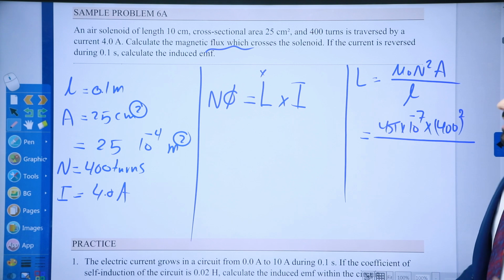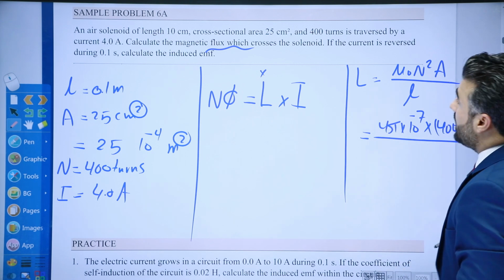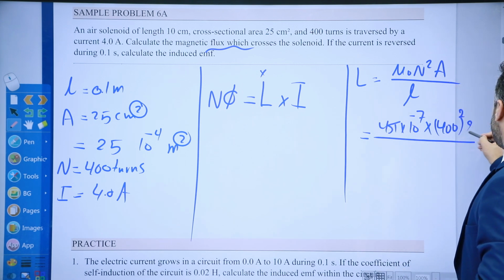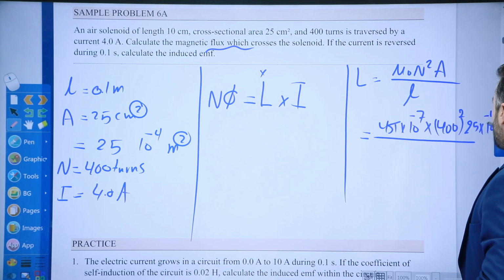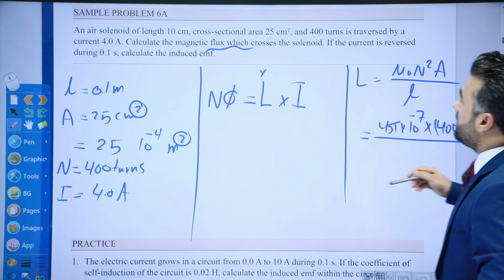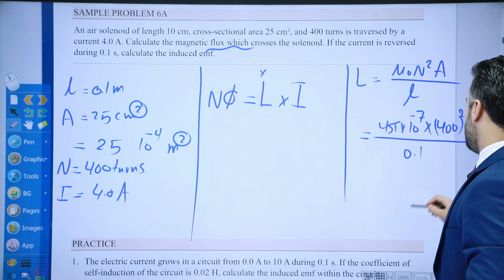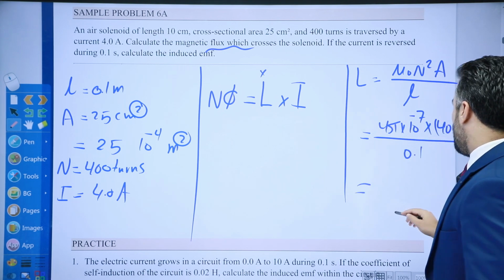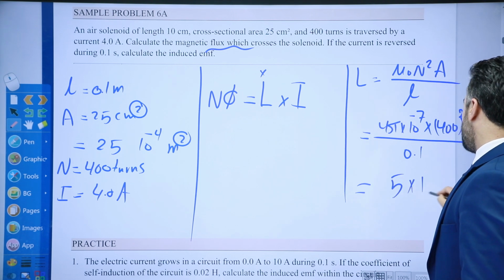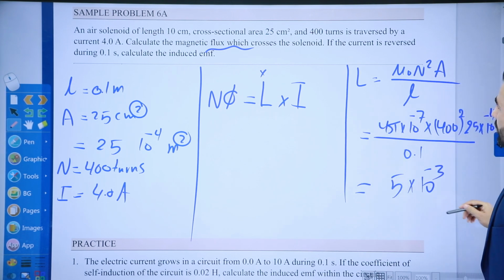Why? Because of this. And then we have the cross-sectional area, which is basically 25 times 10 to the power negative 4 meters squared, and then divided by the length, which in this case is 0.1. And this is about 5 times 10 to the power negative 3. Since it is L, of course, it is going to be Henry.